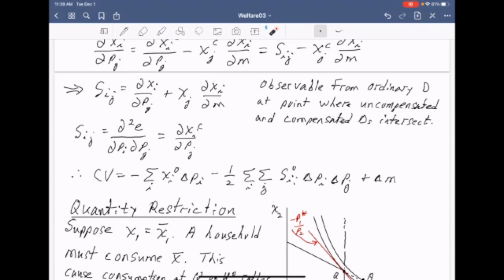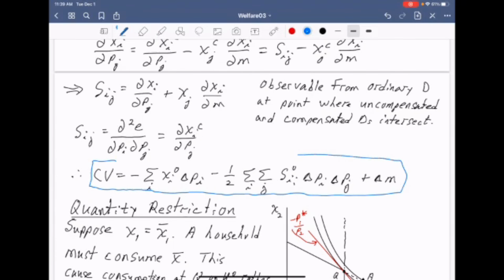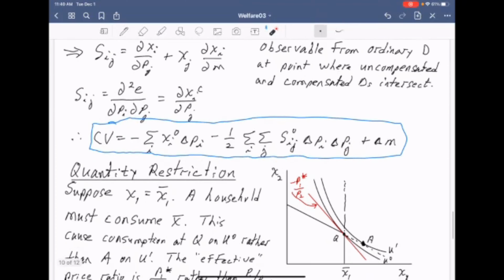And then we can use that information to get the compensating variation as being equal to this expression here. Everything in this expression is observable, and as a result, we can actually go out and calculate it and thereby determine the value of compensating variation.